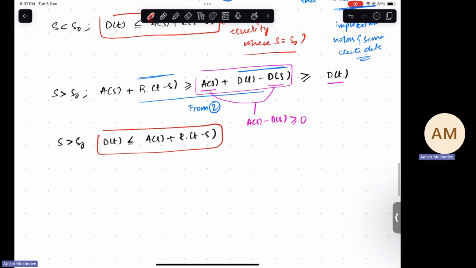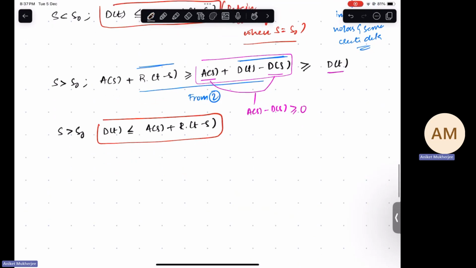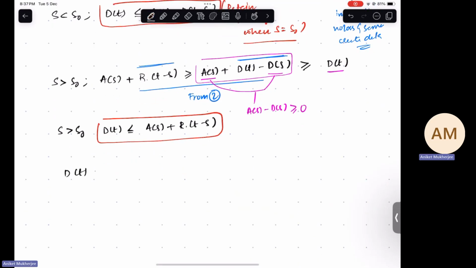Rewriting these two equations, what I get is d(t) is equal to the infimum over 0 less than or equal to s less than or equal to t of A(s) plus r into (t minus s). So d(t) should be less than A(s) plus r(t minus s) for all s between 0 and t, so it should be the infimum.